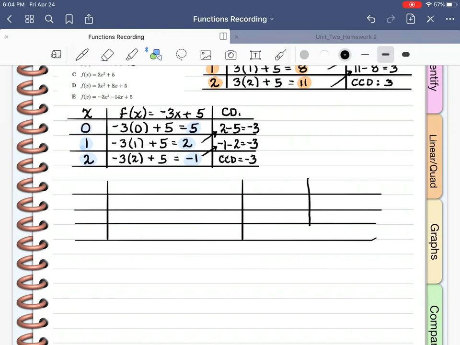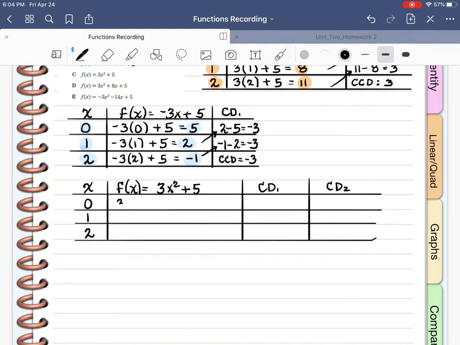We have to do the first consecutive difference to get the second one. So we have x, f of x, and this is option C, 3x squared plus 5. This will be the first consecutive difference, and this is the second one. And I'm using the same input values.